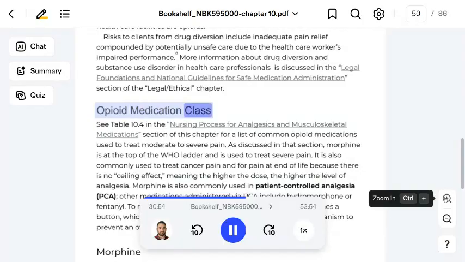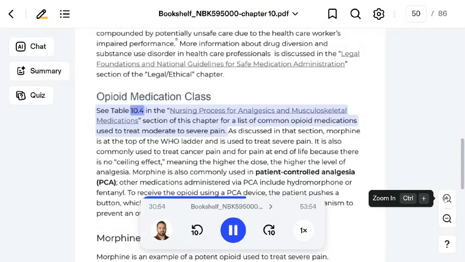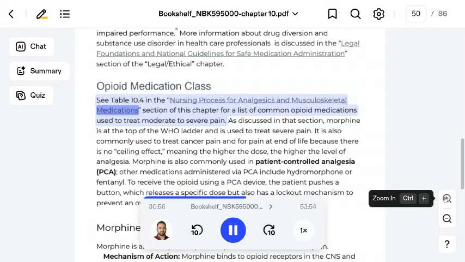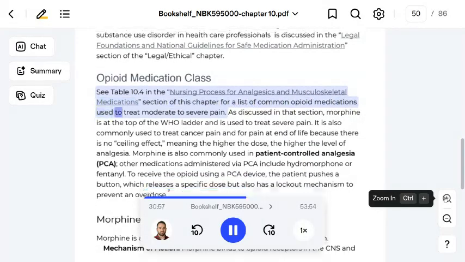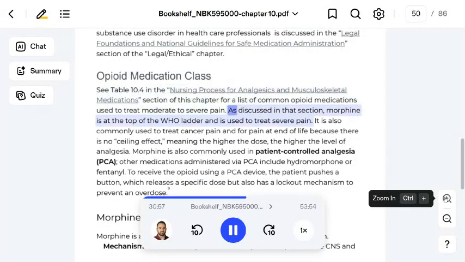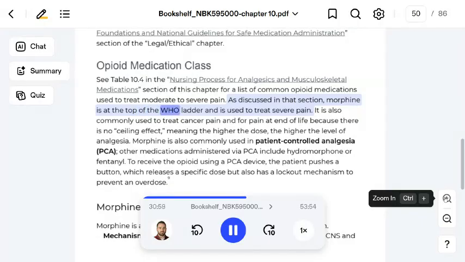Opioid medication class. See Table 10.4 in the Nursing Process for Analgesics and Musculoskeletal Medications section of this chapter for a list of common opioid medications used to treat moderate to severe pain. As discussed in that section, morphine is at the top of the WHO ladder and is used to treat severe pain.